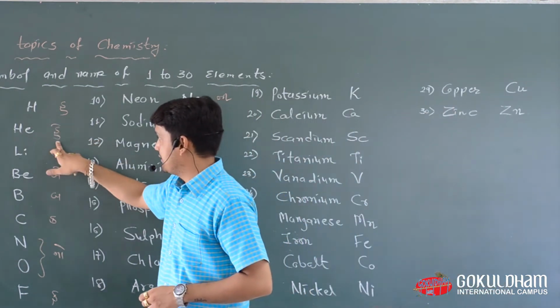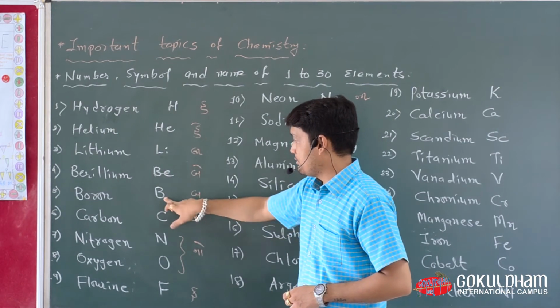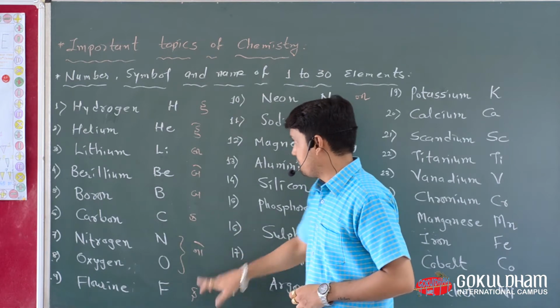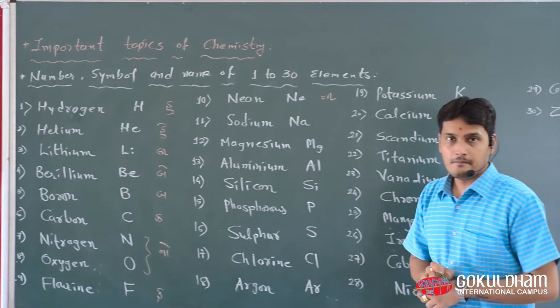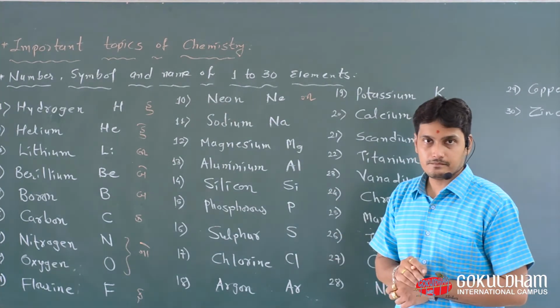H for H, He for He, Li for Li, Be for Be, B for B, C for C, N, O, F, and Ne. You can remember it with this key.